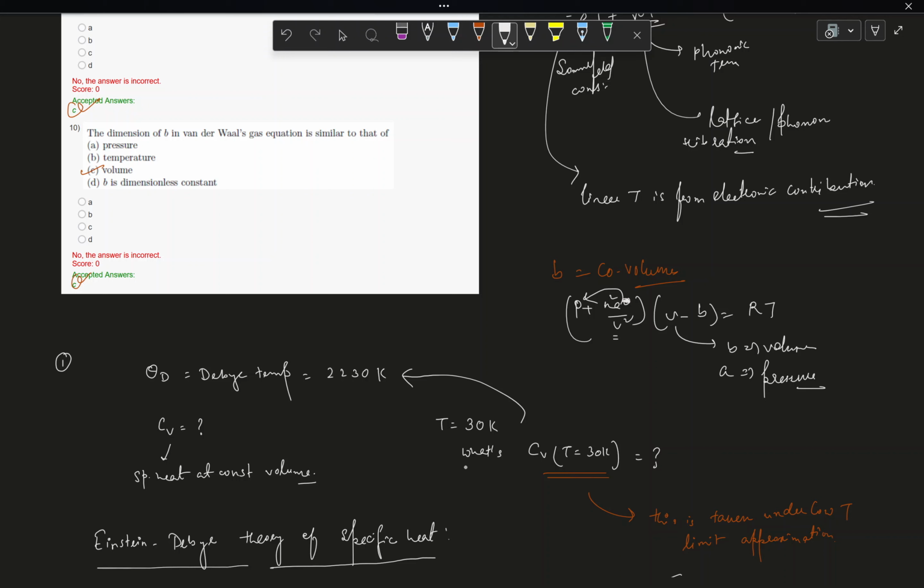And B is a volume correction term, because in ideal gas we assume that the gas molecules occupy no volume, they are like point masses. But in real gases we consider that the gas molecules do have a finite volume, no matter how small, and that changes the effective volume for the other molecules to move freely, and therefore you have a reduction in the net effective volume as V minus B. So B has the exact dimension of volume, because this is just V and B, there are no other terms present. So this is pretty much simplified.